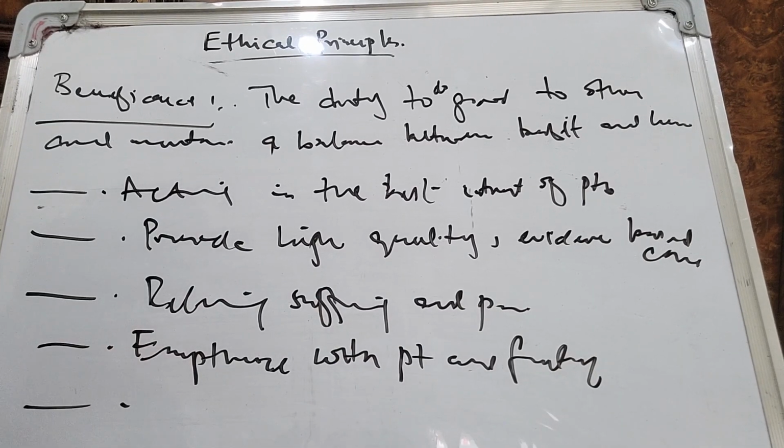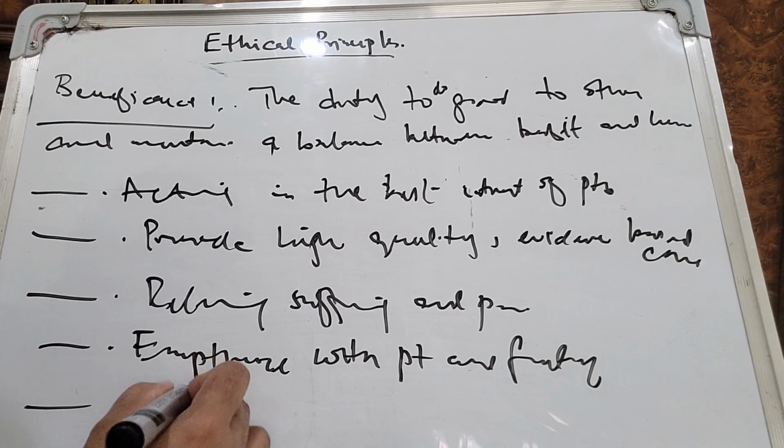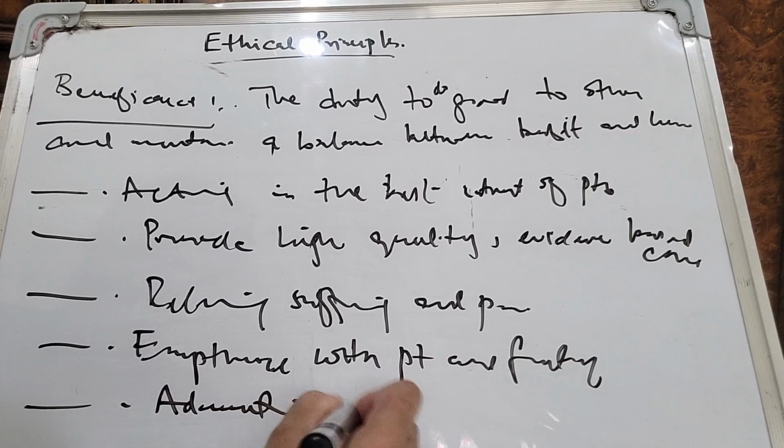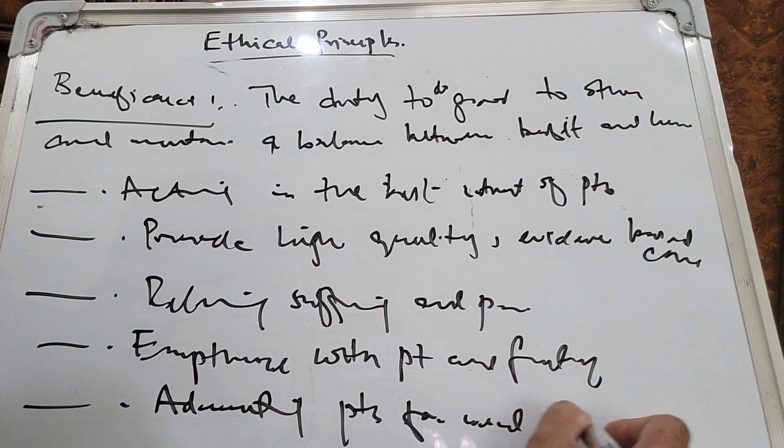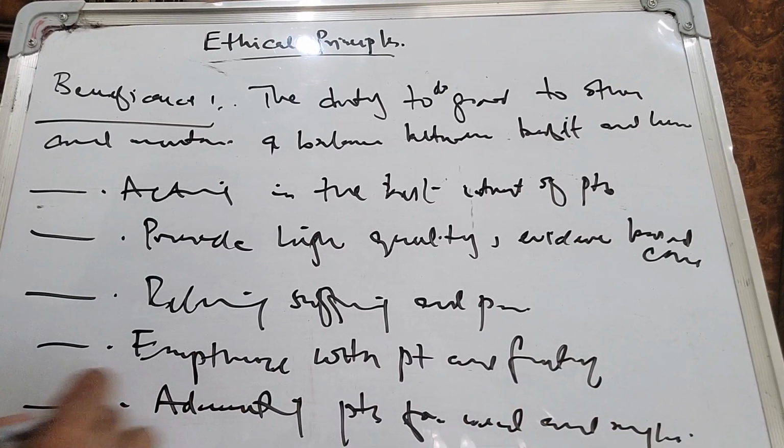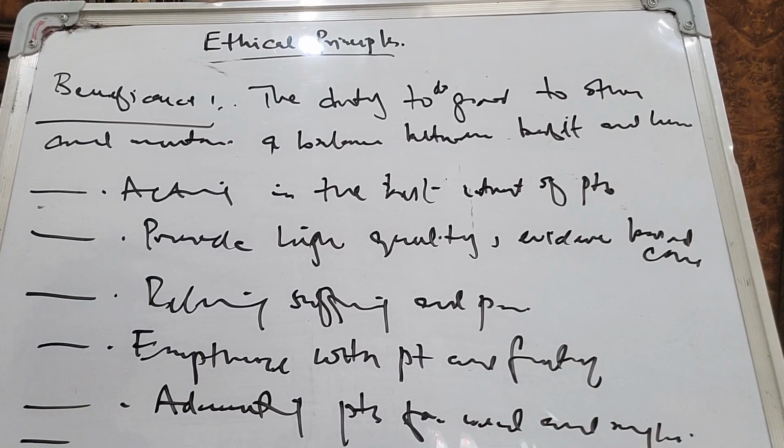Our attitude and behavior should be good with the patient and the families. Advocating for patient needs and rights. We have to work as an advocate for the patient's needs and rights.